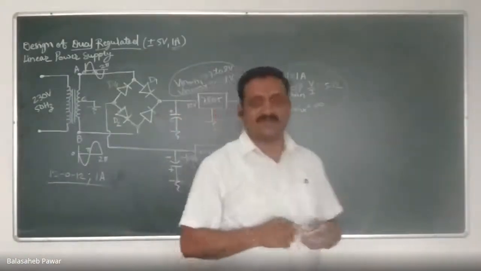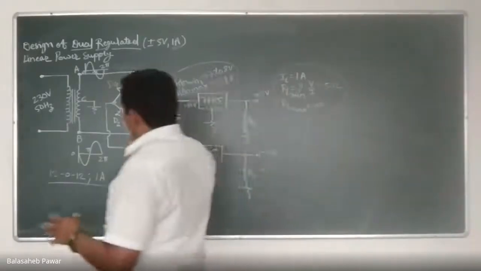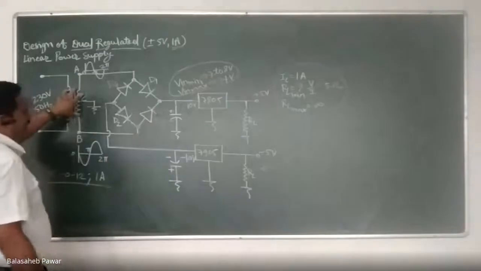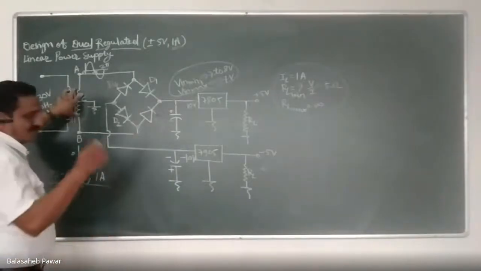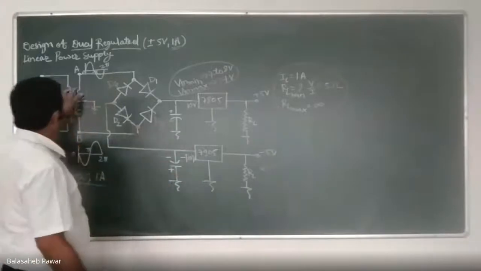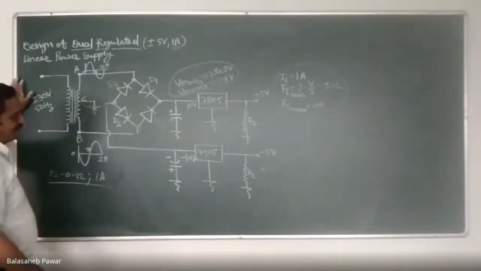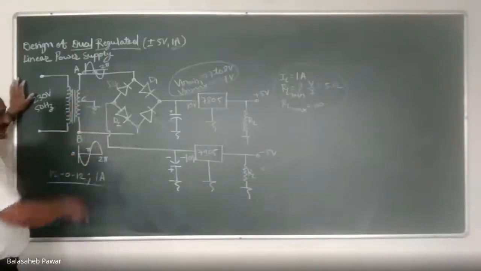Okay, first of all, during our practical session, we want to decide which transformer we will require and how it is to be implemented in that simulation software. I will show during my live session how the transformer ratings are to be changed, then which diodes are to be considered.